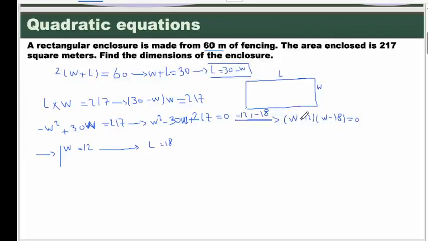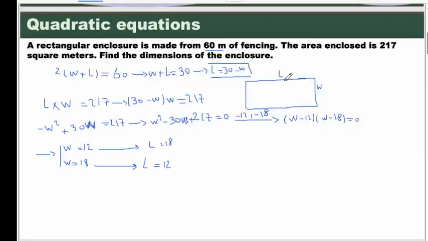So I get W minus 12 equals 0, W equals 12, and L would be 18. For the second parenthesis, W minus 18 equals 0, I get W equals 18. So if W equals 18, L would be 12.